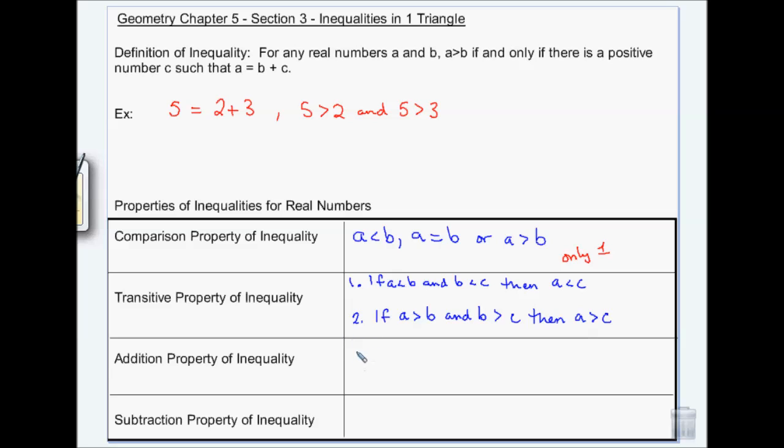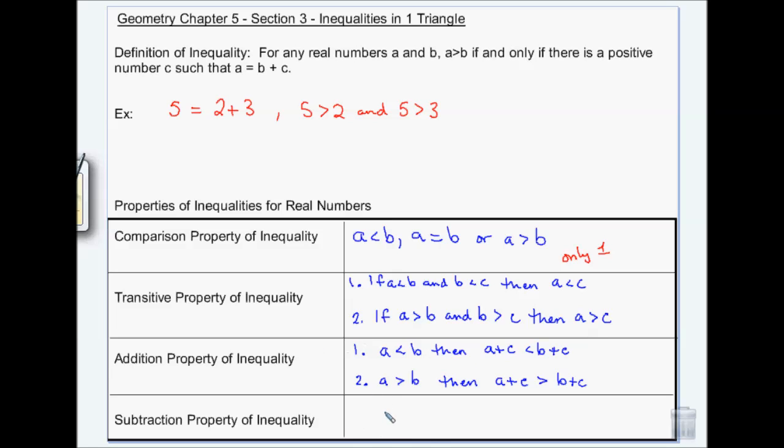The addition properties: if A is less than B and I add something to A, as long as I add it to both sides, it'll stay less than. Same thing if A is greater than B. If I add the same thing to both sides, it stays greater than, as long as it's the same number on both sides.